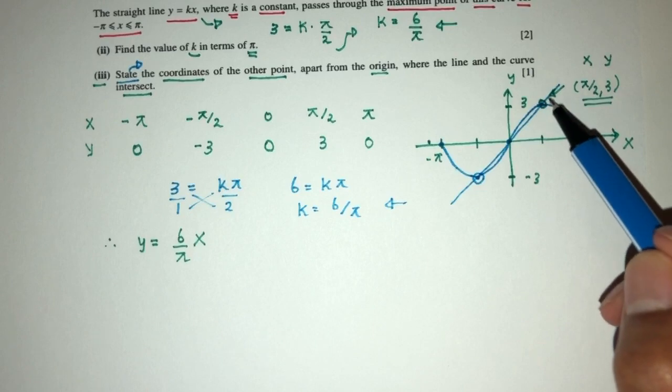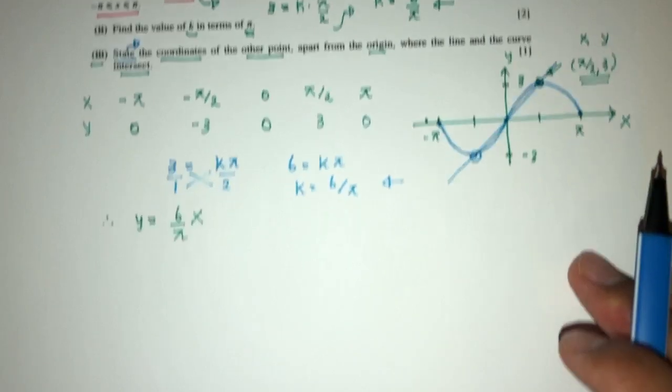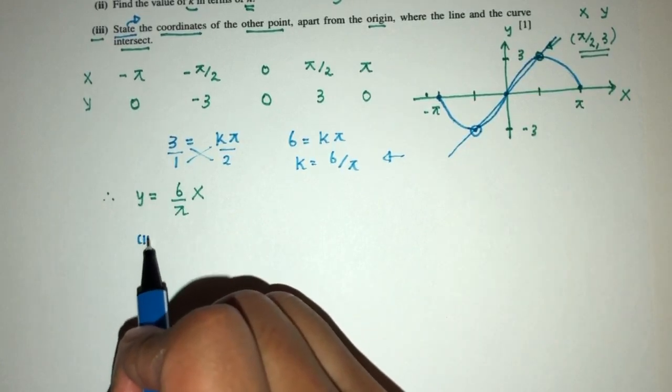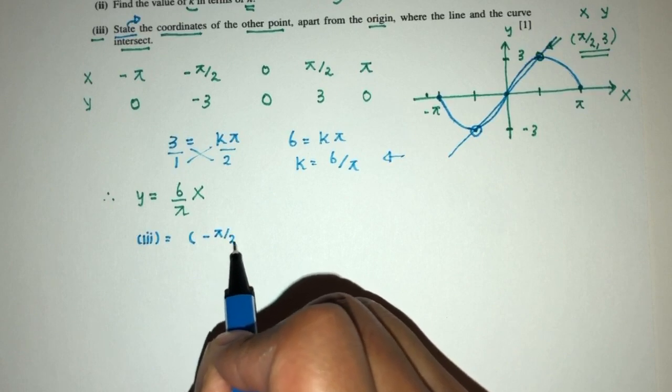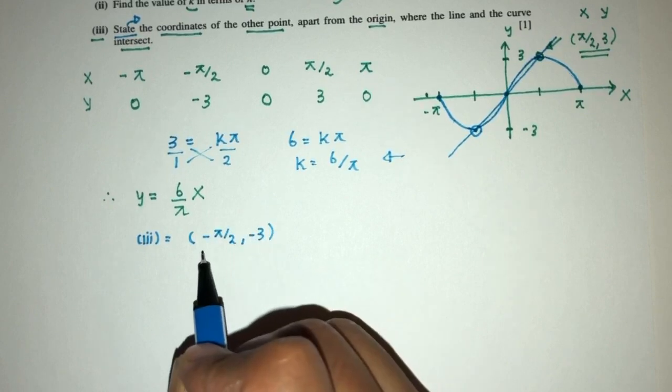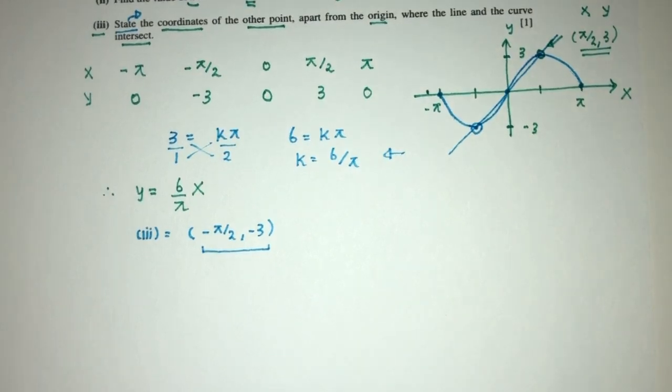If it passes through this point, it will go through O, and it will also pass through this minimum point. So part 3 of the question, the point will be minus pi by 2 and minus 3, which is your minimum point on the curve. And that will be the question in relation to trigonometry.